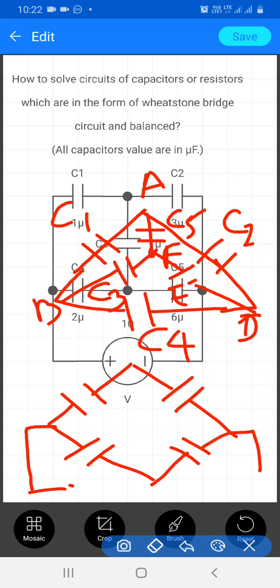And here I put battery, and battery voltage is E, given.